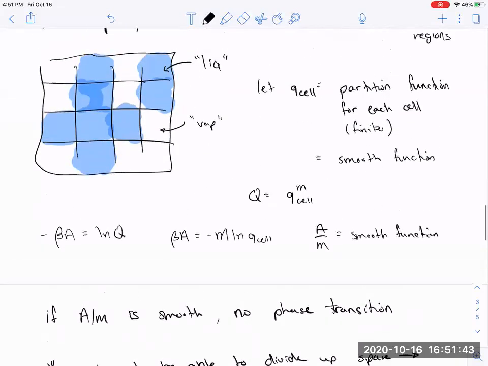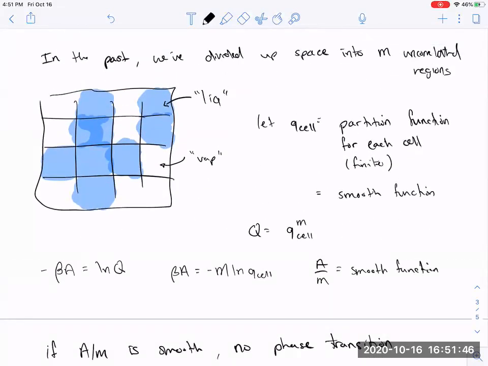To reiterate, even if those regions, these little boxes we've gridded our space up into, even if they're macroscopic, they would have a finite number of states in them. And thus, little q, Q of the cell, even if it's macroscopic, so that I can do that counting independent of the counting in the neighboring cells, if that little q is finite, even if I take the number of cells to be very big, I will get a smooth function back out.